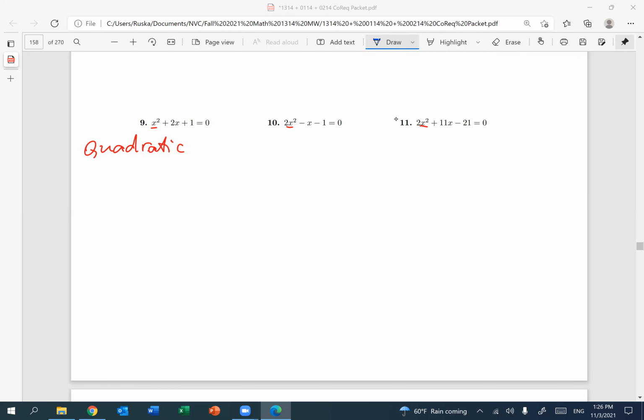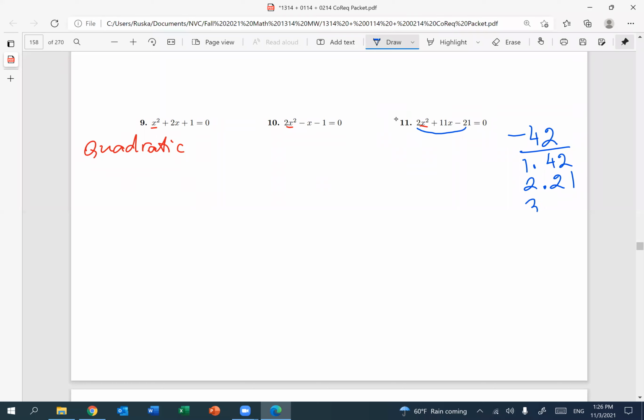So number 11, we're going to factor it. In front of x squared is 2, and so that means you're going to do the AC method. So we're going to multiply 2 times negative 21, which is negative 42. Now we're going to find 2 factors of 42 which add up to 11. It's a negative, so let's list the factors. 42 is 1 times 42, 2 times 21.